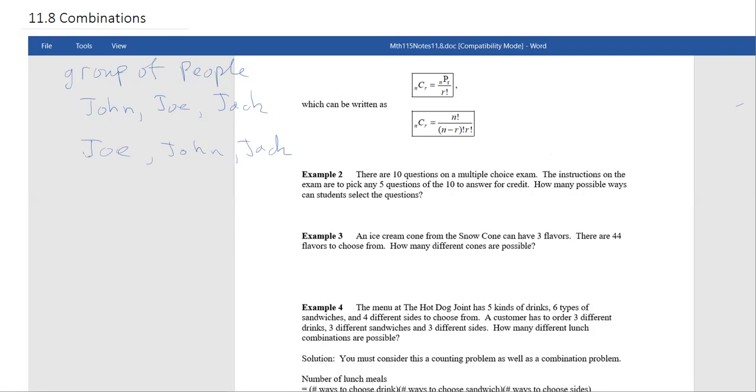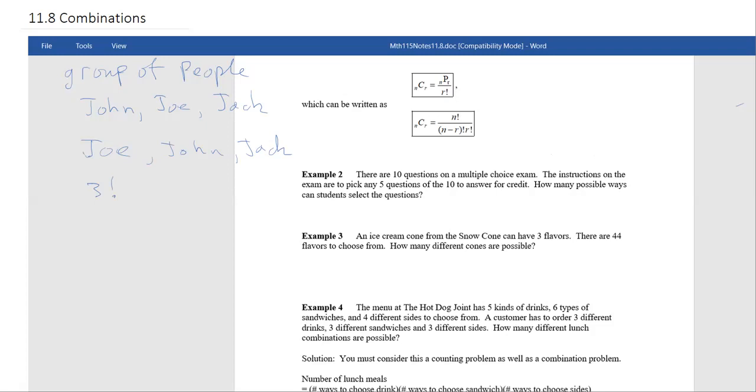It's still the same three people. It doesn't matter how many ways I arrange these. I can arrange these three people in 3 factorial ways, but it is still the same three people. So there's only one group of those three people.